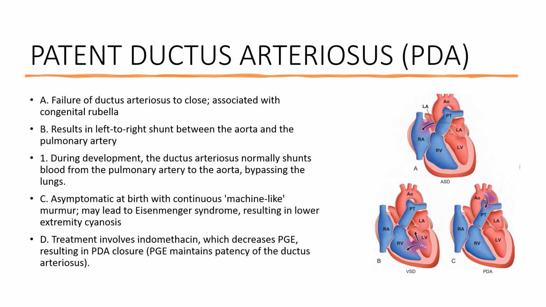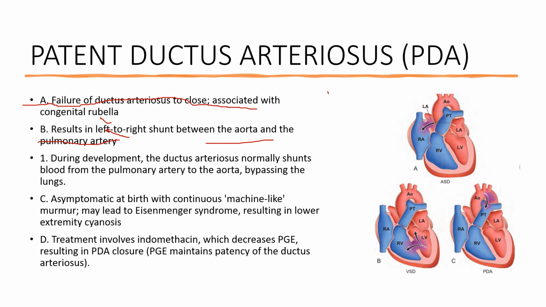In some babies there is failure of PDA to close, and it is associated with rubella, congenital rubella. This is very high yield. It results in left to right shunt between the aorta and the pulmonary artery. So I will give you context to this.